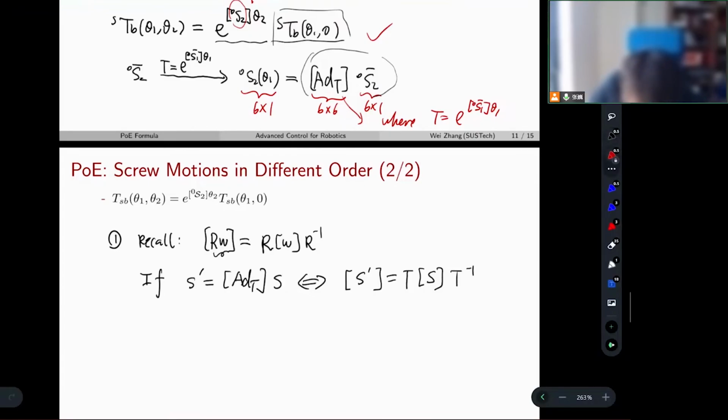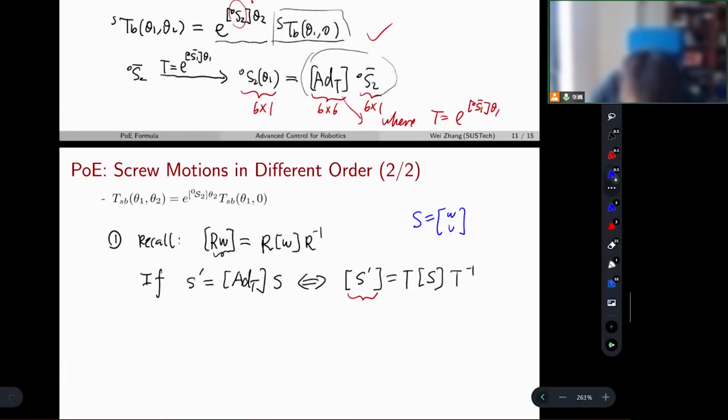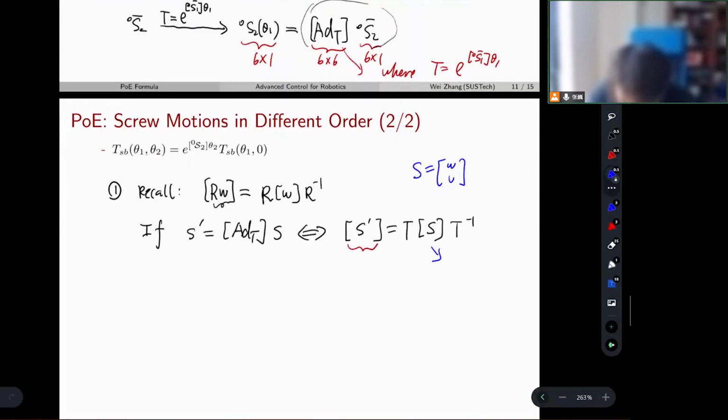Do you remember what this is? Suppose S is omega, V. What is the matrix representation of a twist or screw axis? Yeah, that's in little se3.